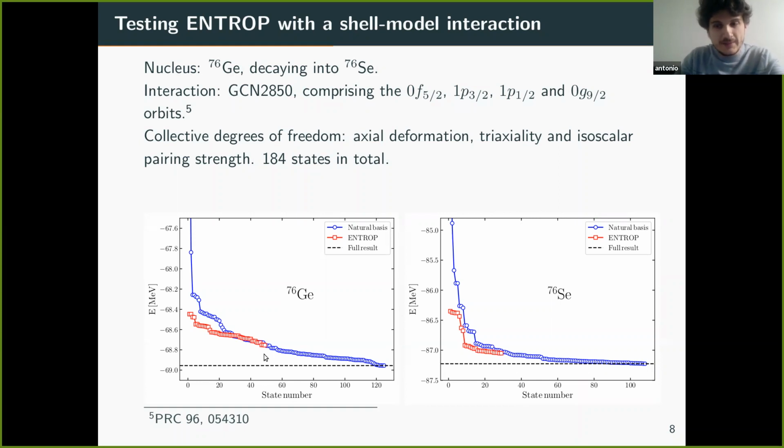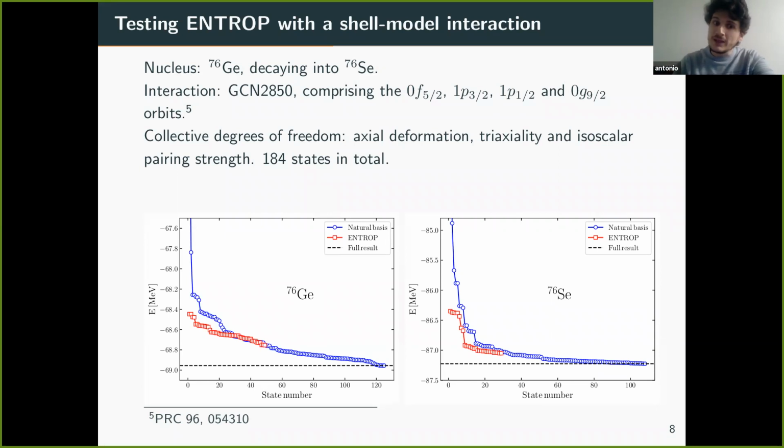So the states selected with our method are around 50 in germanium and 30 in selenium, out of 184 in both germanium and selenium, but still it works, at least the convergence, it works as well as when using the natural basis one. So if we want more accuracy on the energies, we can just reduce this norm overlap cutoff in order to include more states.